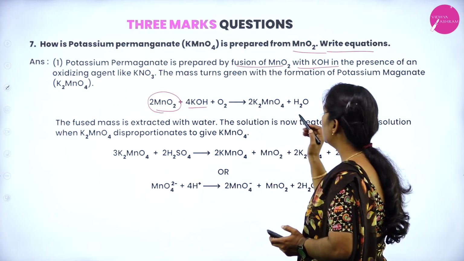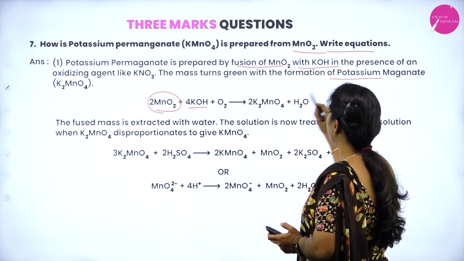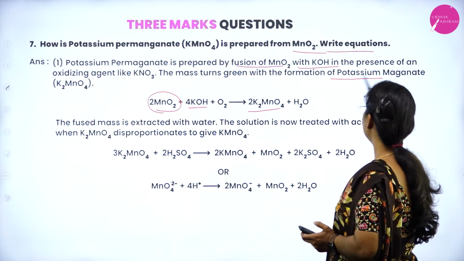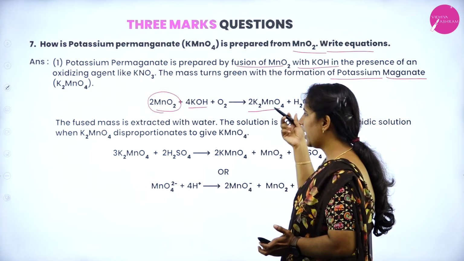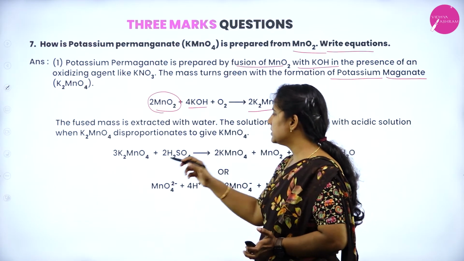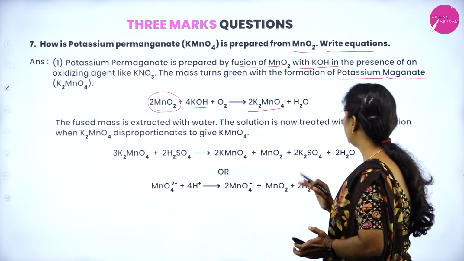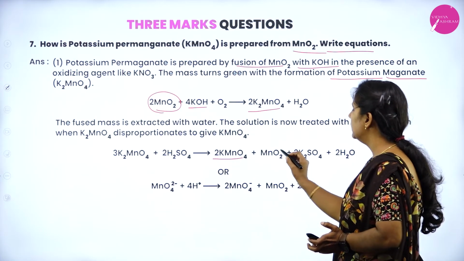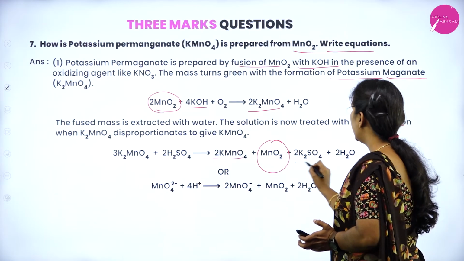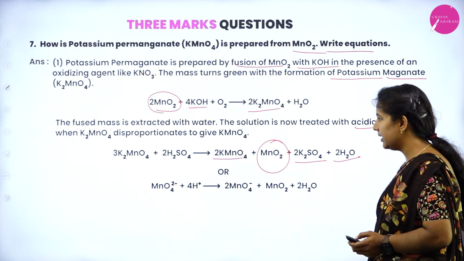It forms potassium manganate with the formation of water. This potassium manganate is later acidified with water to form potassium permanganate, with manganese dioxide, and potassium sulfate and water are released.